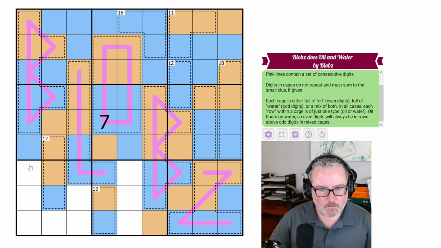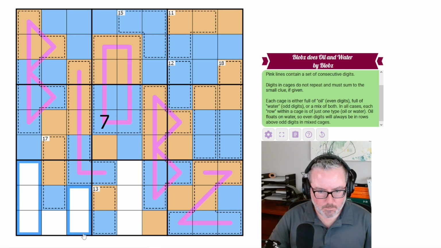Now we need 2 evens and 1 odd in here. And we need 1 even and 1 odd over here. So that's giving us all of our evens, so this must be odd. That finishes the odds here, so these are all evens.